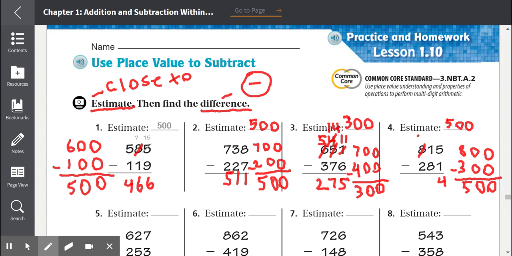It becomes a 7. Now this 1 becomes an 11. 11 minus 8 is 3. Now we're in the hundreds place. It's no longer 8 minus 2. It is 7 minus 2. 7 minus 2 is 5. Our answer or difference is 534.